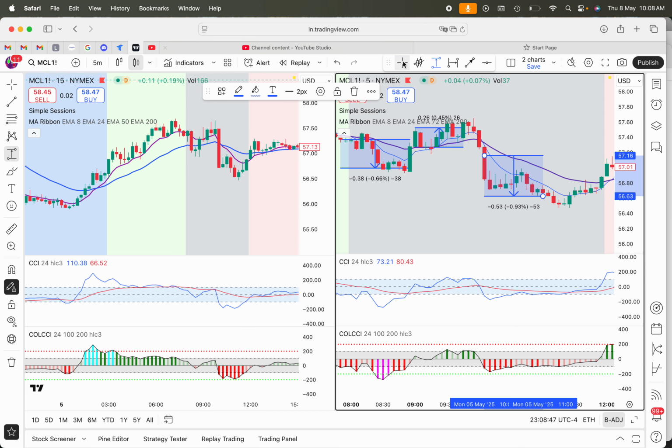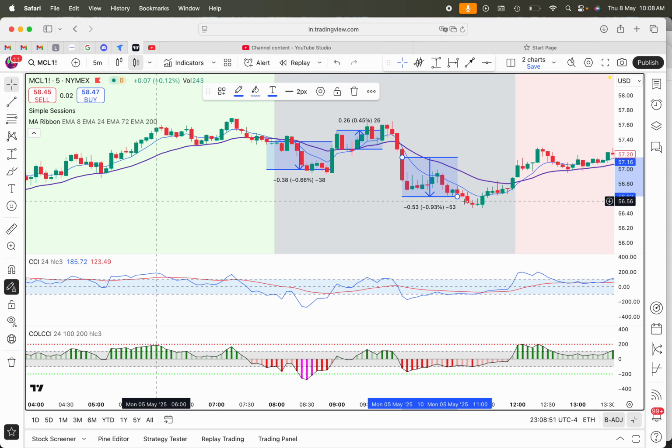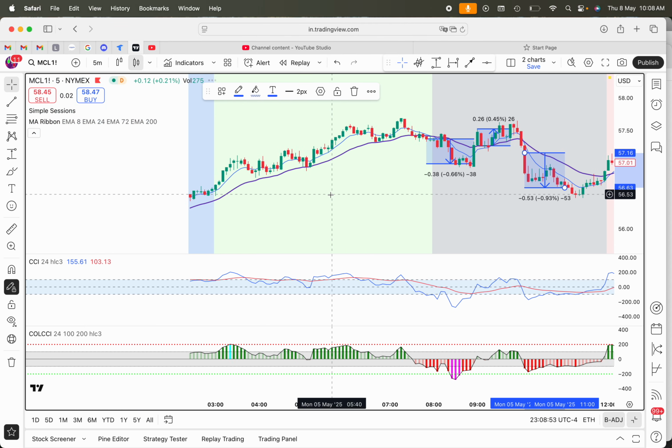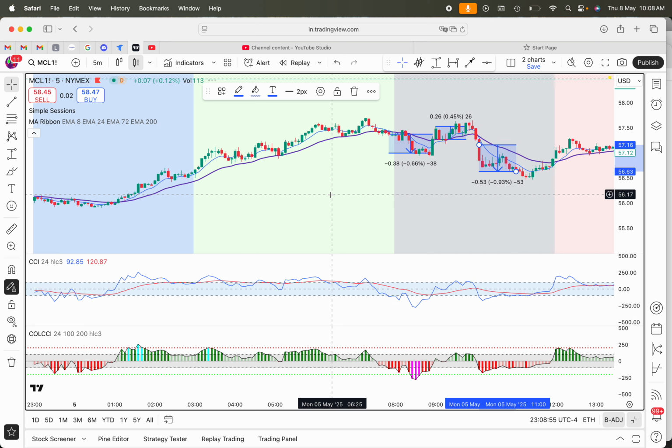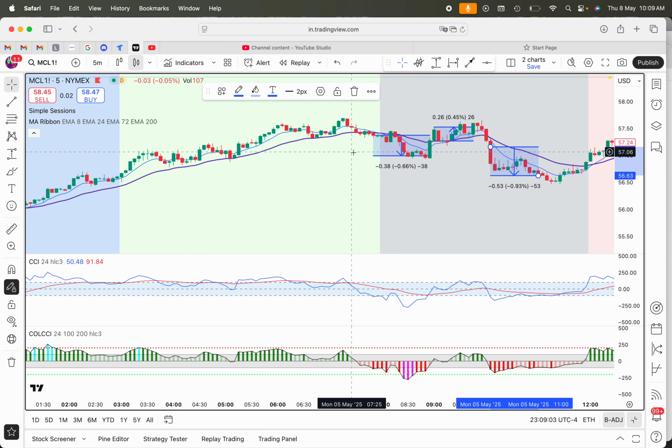Let me just make this bigger. This is why I don't trade the lower time frames on this. Mind you, you can be hugely successful with it, okay? You probably just need to devise a better strategy than the one I'm showing you. I'm just showing you how to use just the histogram down below, okay?